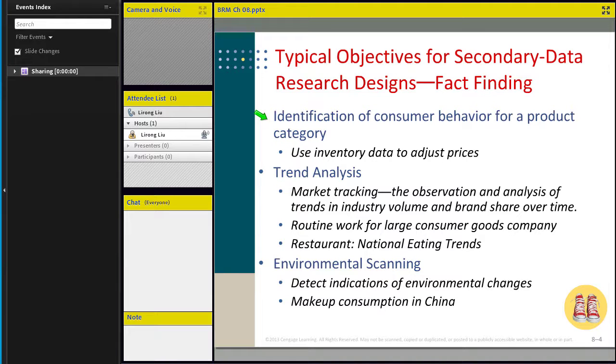There's also trend analysis, which means the company wants to track the market, and maybe this is something the company always does. They need to analyze the trends in industry volume and brand share over time to make sure the products they offer are the ones currently popular with the population, because people's views of popularity change.